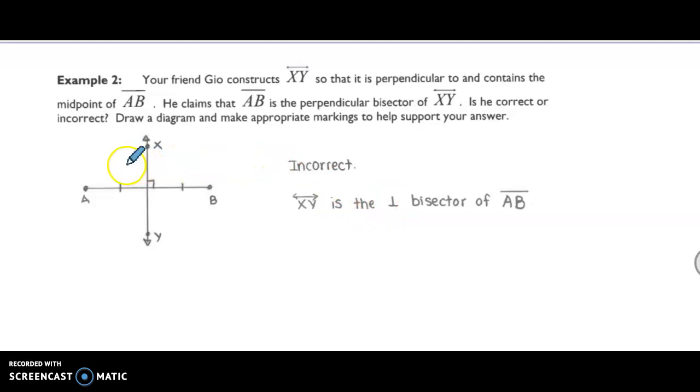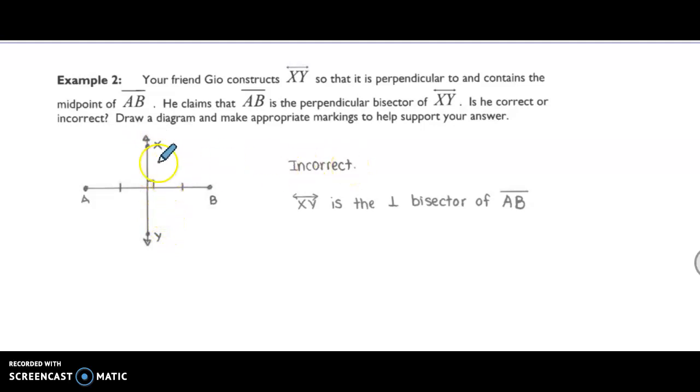All right, I kind of gave you the answer here already. But it says your friend Geo constructs XY, the line, so that it's perpendicular and contains the midpoint of AB. And he claims that AB is the perpendicular bisector of XY. Is he correct?